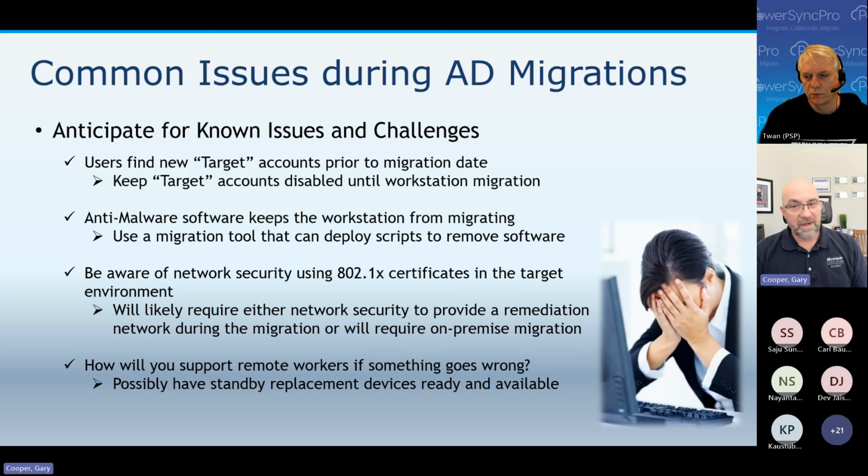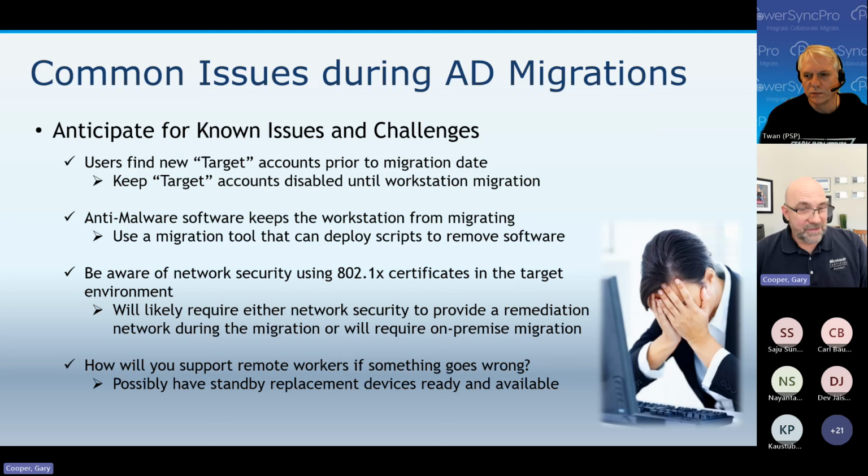So you have to work through those loopholes, the chicken and the egg approach, right? In some cases, we've either asked the network security team to not only require 802.1x certificates to get on, or to provide a remediation network during the migration so we can get the machine in the domain, thus getting it a certificate.